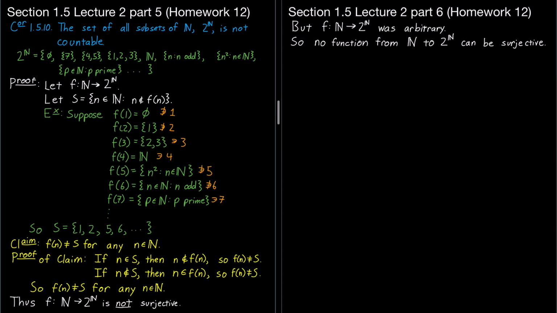But we saw before, in the unnumbered proposition just before, or Proposition 1.5.7, that if you're countable, you've got a surjection from the natural numbers.